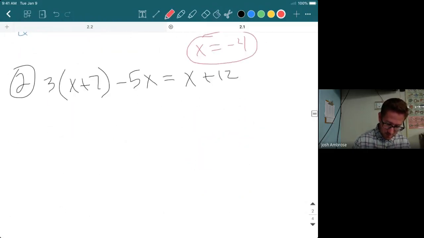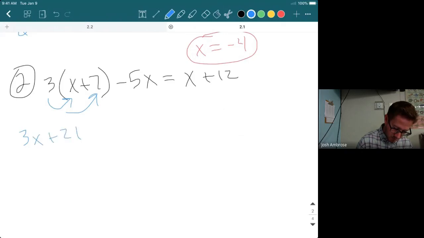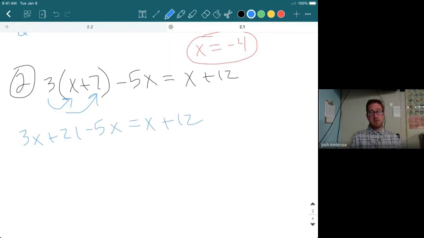All right, so let's move down the page here. Second example problem. All right, again, let's start with the distributive property, giving us 3x plus 21 minus 5x equals x plus 12. Now we're going to have a lot of like terms. So let's do this. We got these guys.